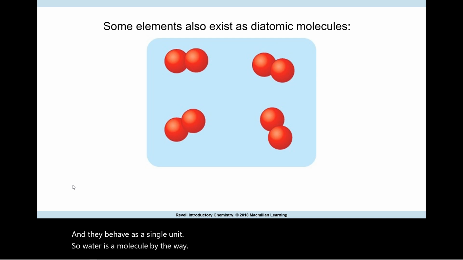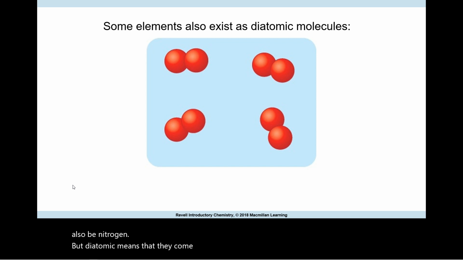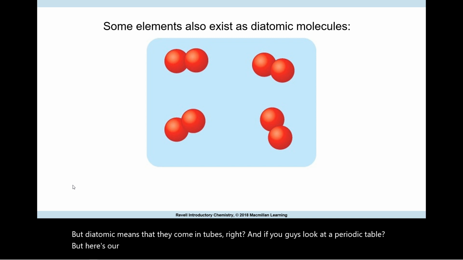Some elements also exist in diatomic molecules. So example here, we have hydrogen. It could also be nitrogen, but diatomic means that they come in twos, right? And if you look at a periodic table, so here's our lovely periodic table in our book. It's in the actual front cover of it. There are certain elements that exist in diatomic form.